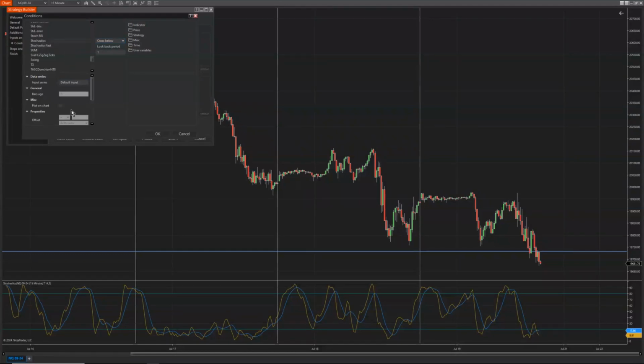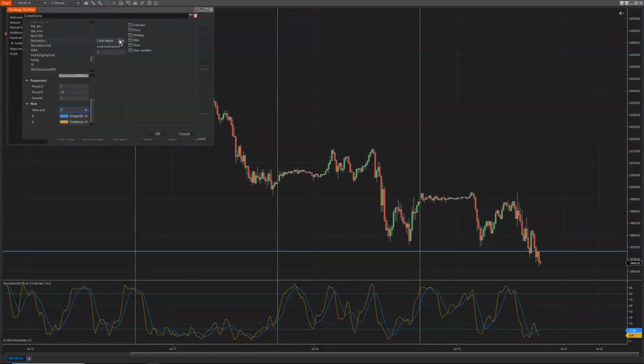If you use the regular stochastics, you'll have to set the value plot, and there's D and there's K. I believe D is the smooth line and K is the fast line. Here it shows you blue is the smooth. So let's use stochastics since we have it up on the screen. We want the smooth line, so we'll go with the blue line.